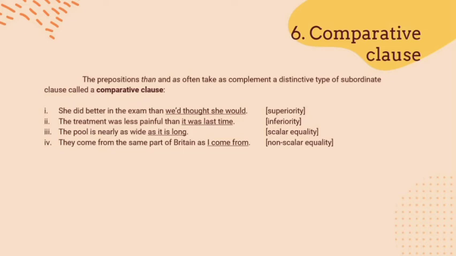And then it is not so obvious that we have reduction in example 3, since it is long can occur as an unreduced main clause. Nevertheless, in this comparative clause, there is a missing degree modifier corresponding to the variable. And then, in example 4, the preposition from occurs without a complement. This cannot happen in canonical clauses.